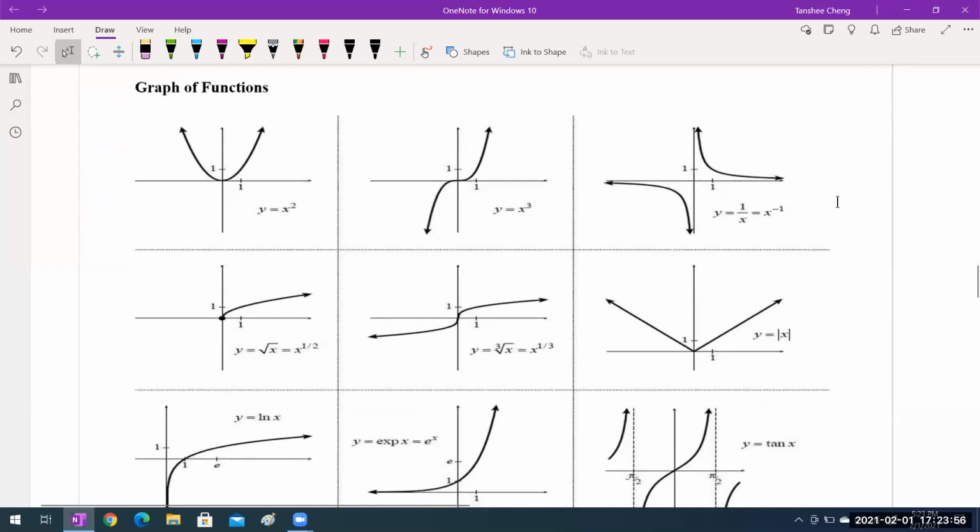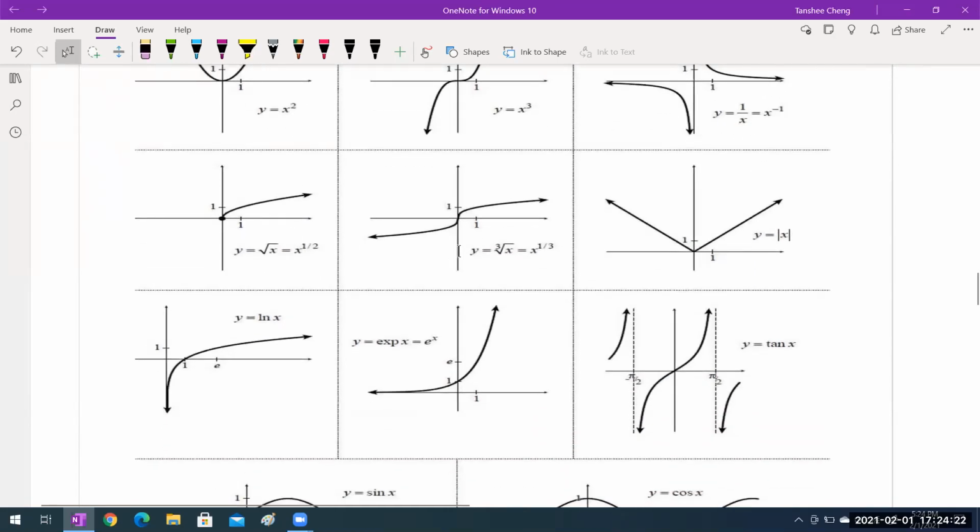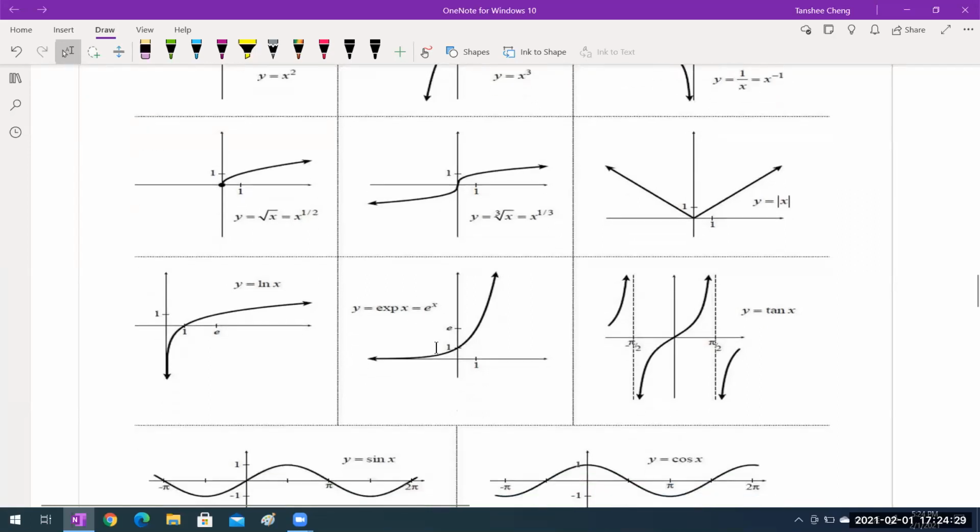So I'm giving you some fundamental graphs. You can see that y equals x squared, which is a parabola, is not shifted yet. We call this a parent graph. So I'm basically recalling the shape of the parent graphs of certain functions: x squared, x cubed, rational functions, 1 over x, radical, square root, cube root, absolute value, natural logarithm, exponential, right?